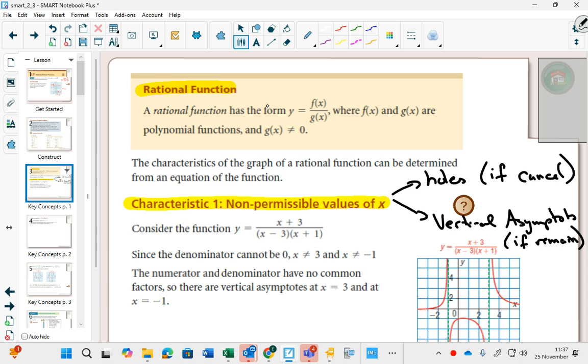If they cancel out and go away, you're going to have a hole. If they stay, and I wrote if they remain, then you're left with vertical asymptotes.